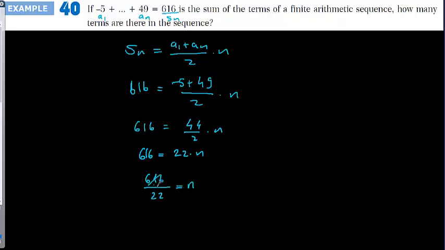If you simplify by 2, this is going to be 308 over 11, and the answer is n is equal to 28. Okay.